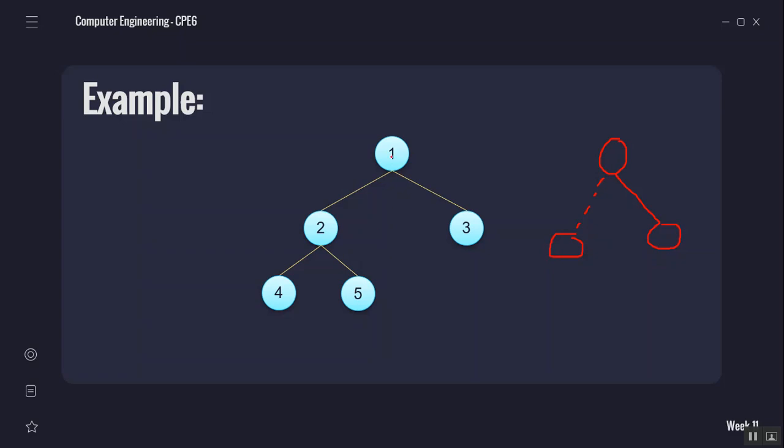So 1, 2, 3, 4, 5. Now, if we remove this left node, we could only form 1 and 3. So we're missing 2.